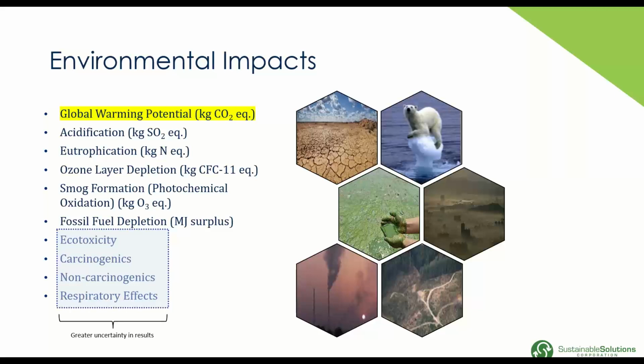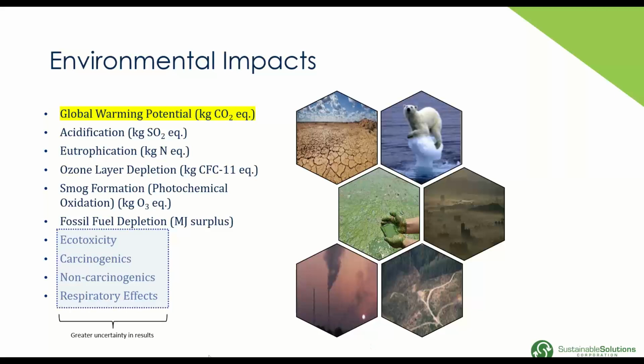As you can see here, there are other impact categories we can look at, like things like acidification or ozone depletion, fossil fuel depletion. Now, these do get measured in a full LCA, but in a product carbon footprint, you're not going to be looking at these other impact categories. You're going to be focused on global warming potential only.